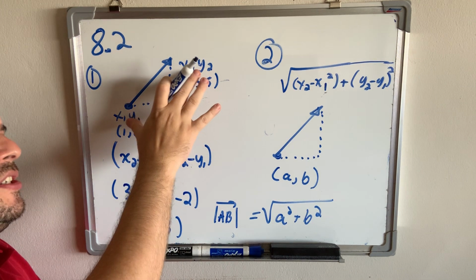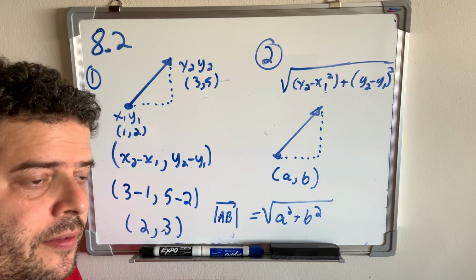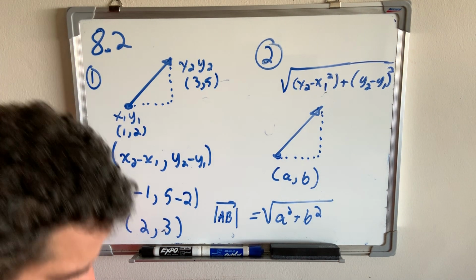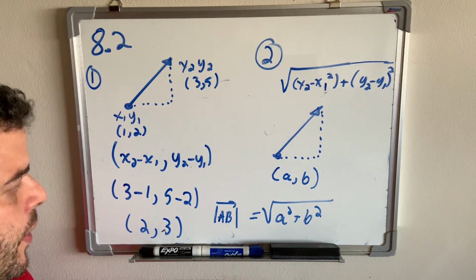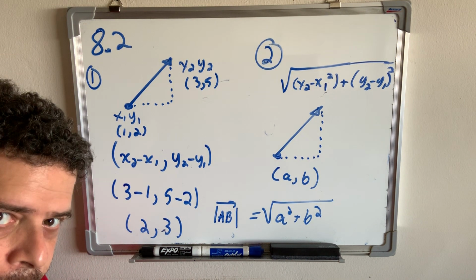This is the representation of this vector in component form. That's it. That's all you have to do for example 1. Again, if they ever tell you to express a vector in component form, that is all you do.